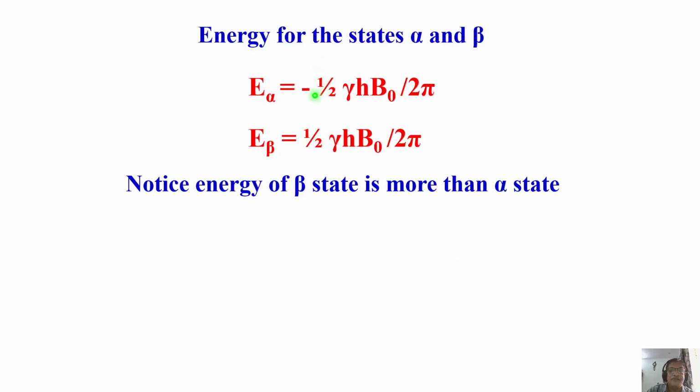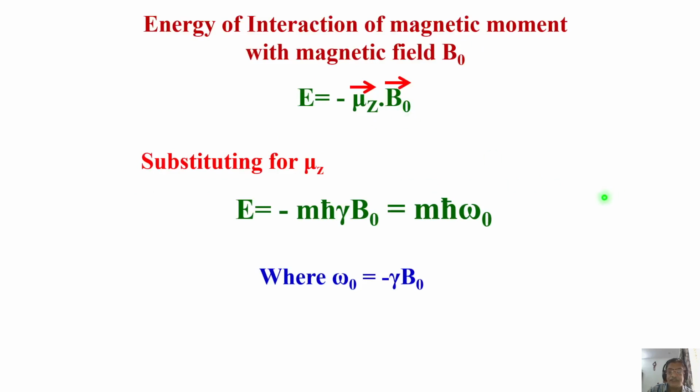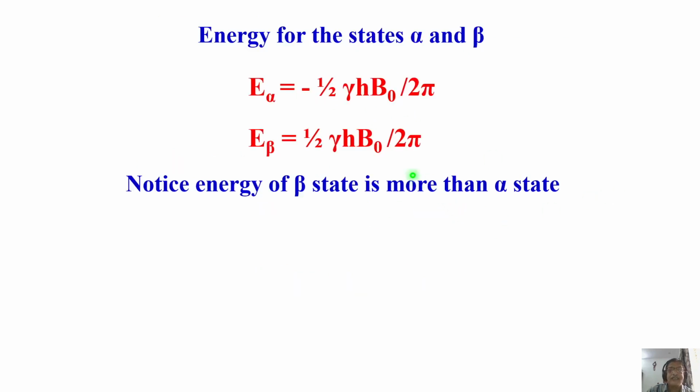This is minus, this is plus, because E alpha is equal to this plus half state. E alpha is equal to half into gamma h B naught over 2 pi. What I did is, it was h cross. Remember in the previous equation, it was h cross. h cross is written as h over 2 pi. h is Planck's constant. In the same way, the energy for the beta state is written like this.